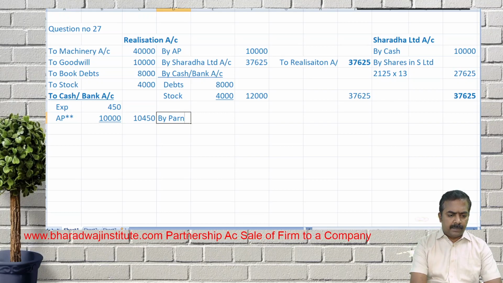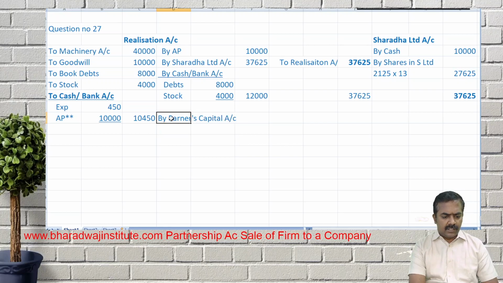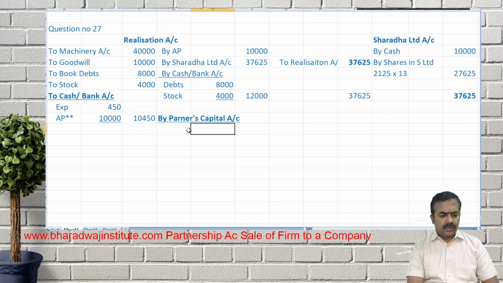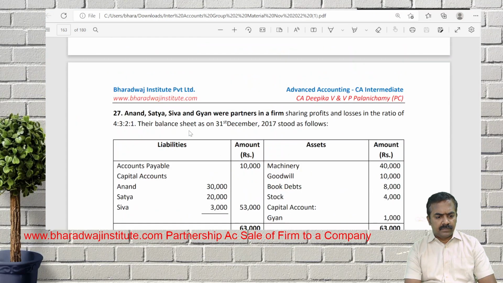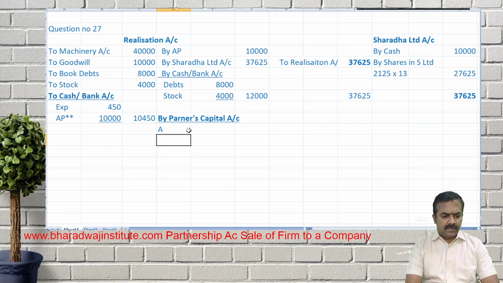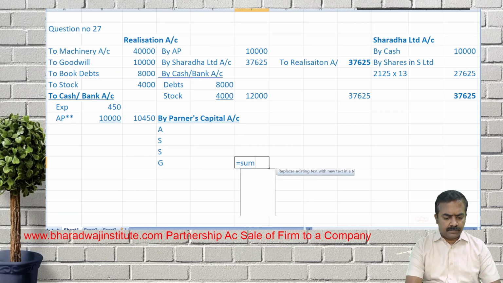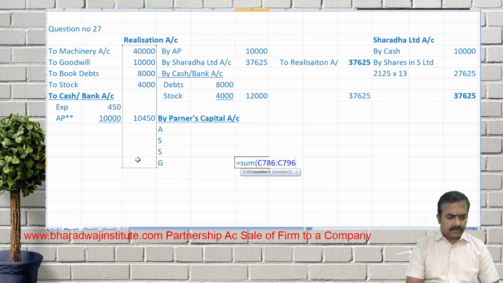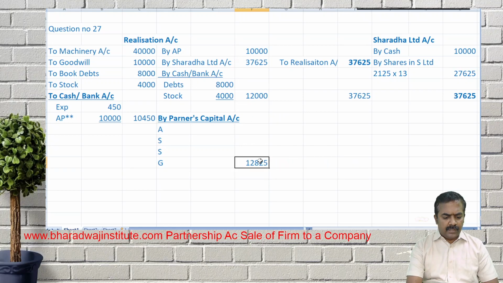By partners capital account. What is the loss? Who are the partners? There are many. A, S, S, G. What is the loss? $12,825.